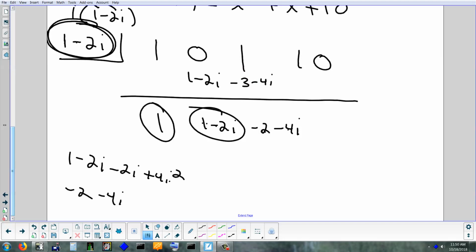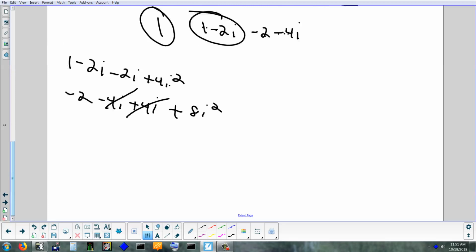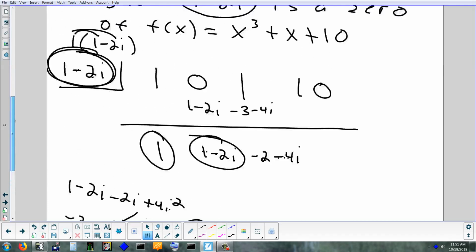Well, negative 2 times negative 2i, just plus 4i. That's good. Negative 2i times negative 4i. Well, what's a negative times a negative? Positive 8i squared. But what number is 8i squared? Negative 8. And what's negative 2 minus 8? There's your negative 10.